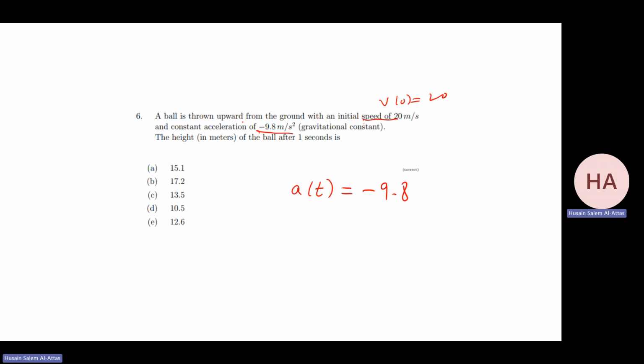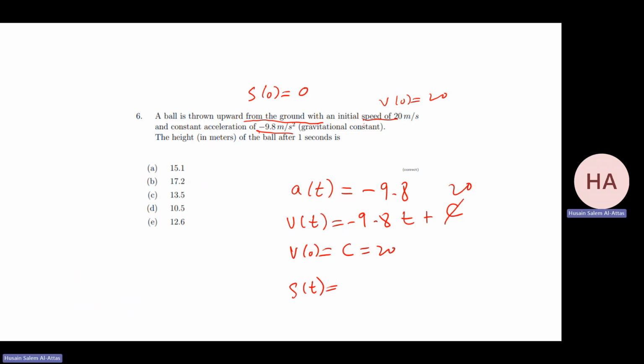He said from the ground, that means s at 0 equals 0. Okay. So I have v at t will be minus 9.8t plus c. So v at 0 will be c, which is 20. So this is 20. So s at t will be what?